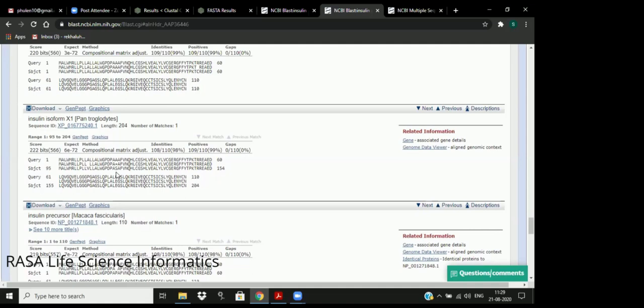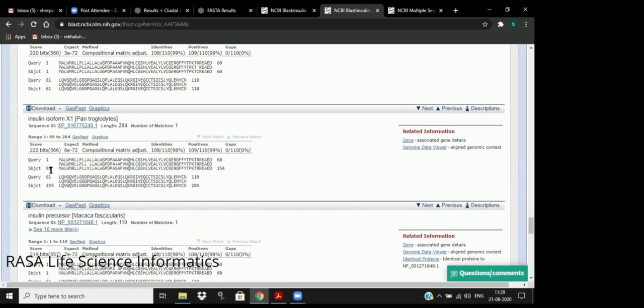Now one more thing you need to observe over here is that here you see query is written 1 till 60. Subject is written 95. Can you tell me why? Because the 95th residue is aligning with the first residue of the sequence. It means that whatever the subject is, the pan species insulin isoform, they have not aligned the first amino acid of that subject with the query.